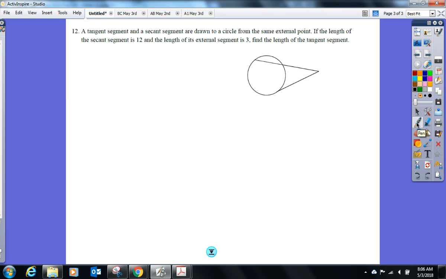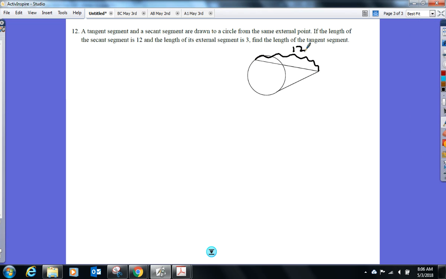All right, what am I looking at? A tangent and a secant. If the length of the secant segment is 12, so the length of the entire secant is 12, and the length of the external segment is 3, find the length of the tangent segment. What do I have to remember here as far as the lengths of tangents and secants? Whole times external.